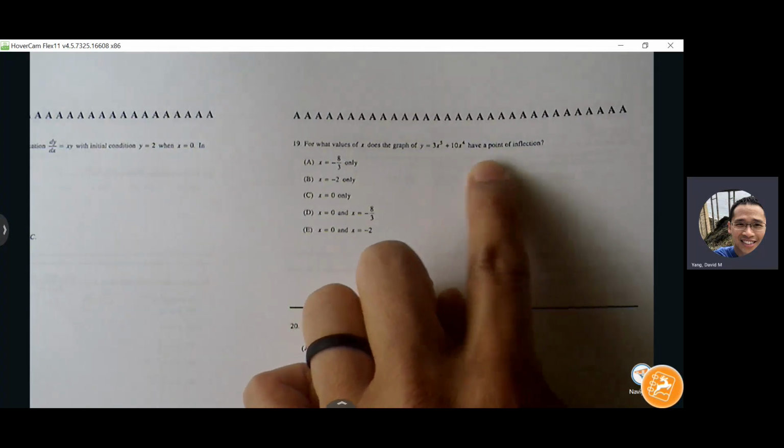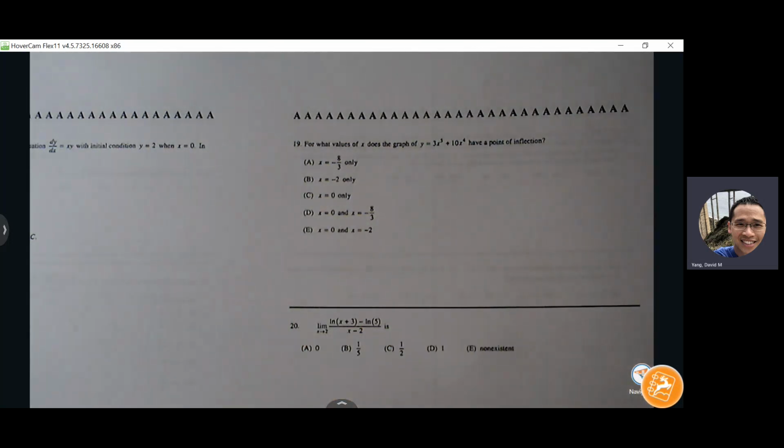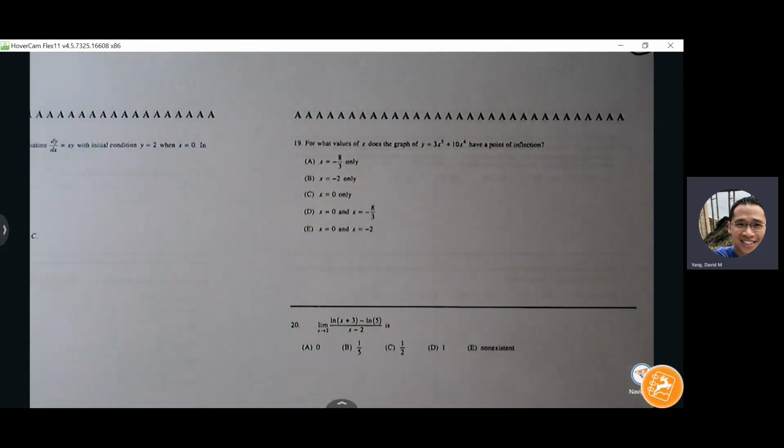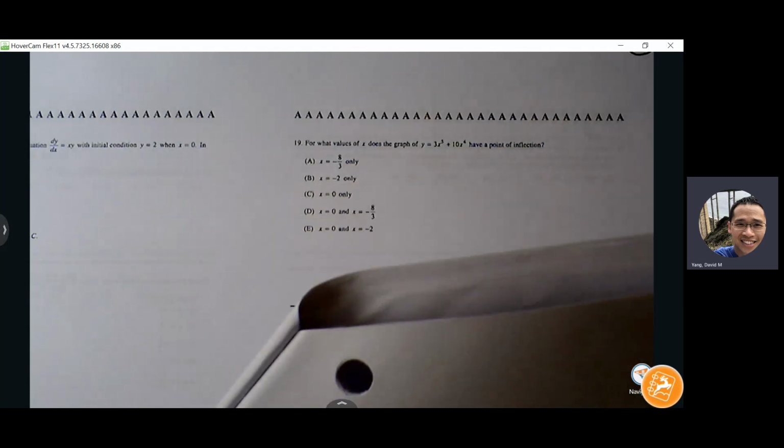If there's no change in sign, it's not a point of inflection. So make sure that after you find your critical points at the second derivative level, you're putting them onto a sign line and seeing there's a change in sign. In this case, not every critical point is going to create a change in sign. So point of inflection is only going to exist at -2.